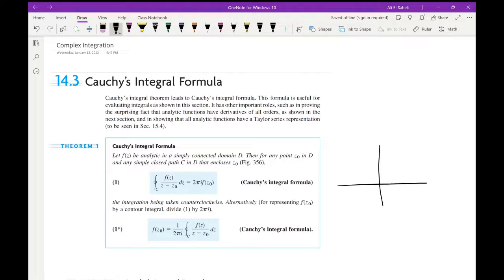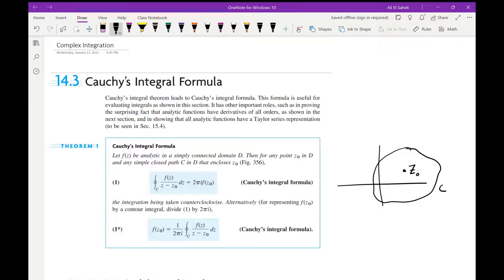So you have a domain. In that domain, you have a simple closed path C, and that path encloses the point z0.